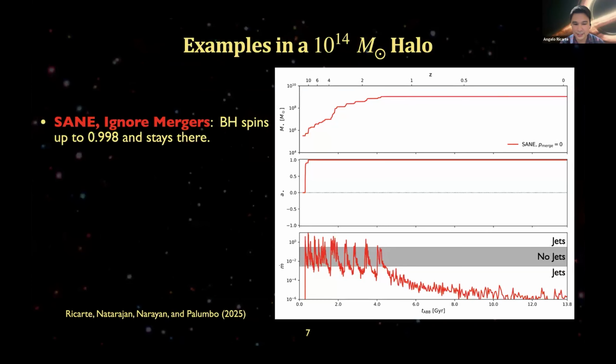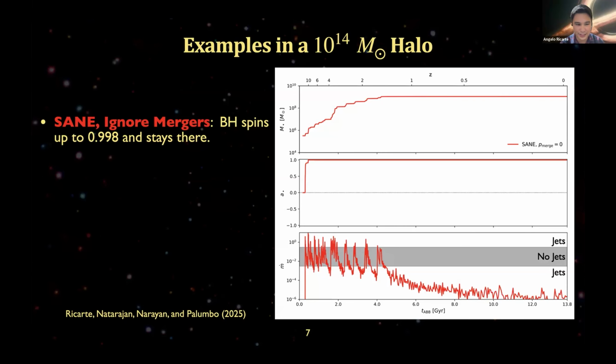As an example, let's look at the most massive black hole in a 10^14 solar mass halo that I ran. We're looking at mass, spin, and accretion rate as a function of time. So first, I'm going to look at a SANE one, where by SANE, I'm meaning the sanest possible SANE, where the magnetic field has no effect on the disk dynamics. Under these very simple assumptions, it's not that interesting.